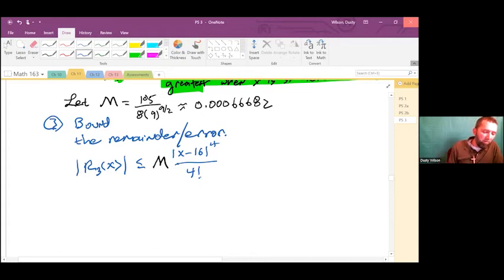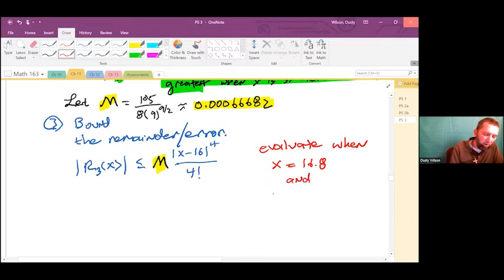And we want to evaluate this for the M value that we found, and for two different x values: when x equals 16.8 and when x equals 22.